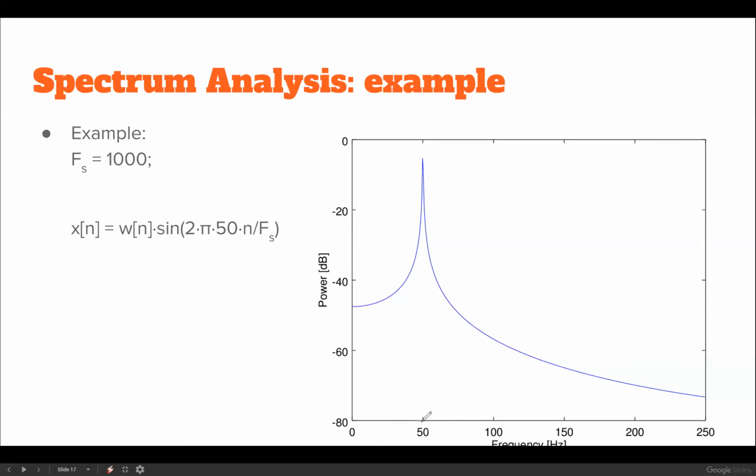So why on earth don't I have just a power peak here and nothing else? The reason is that will be the sine part of the signal, but in real life we also have the window.